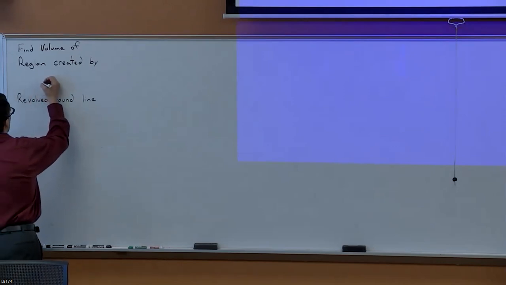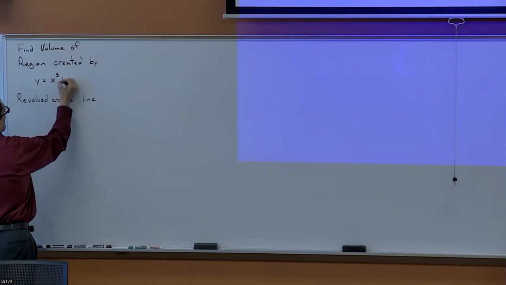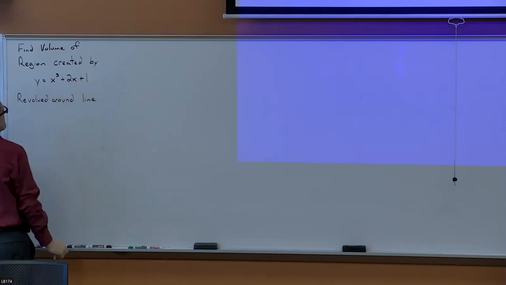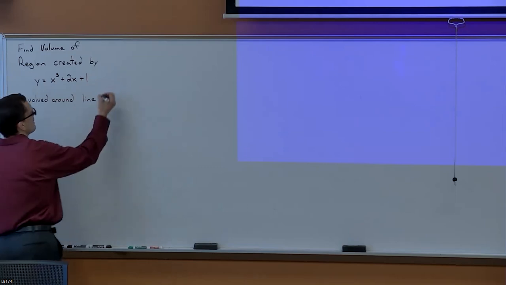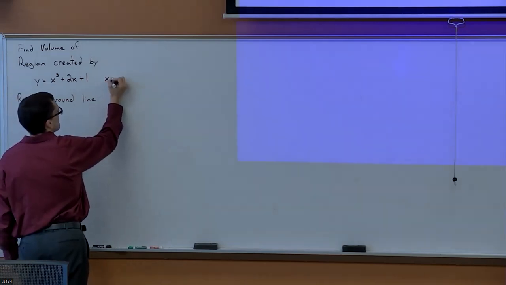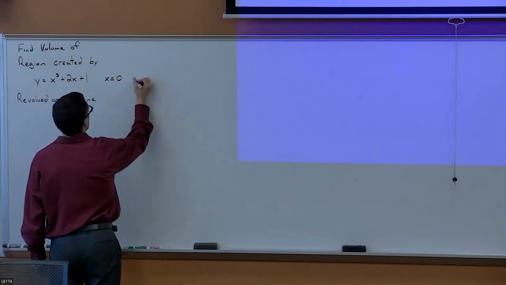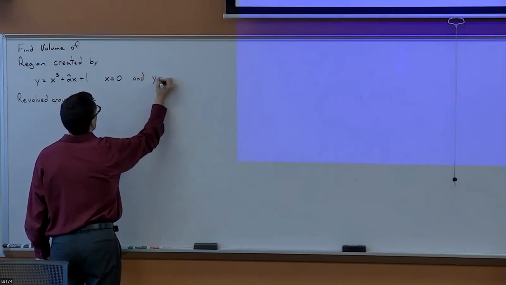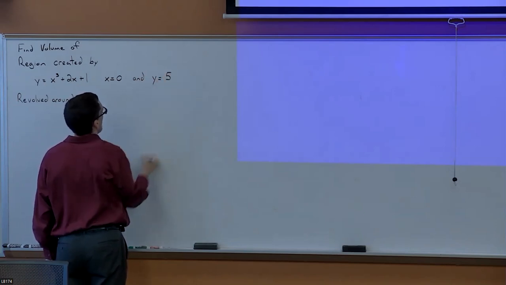It's going to be created by y equals x to the third plus 2x plus 1, x equals 0, that's the y-axis, and y equals 5.